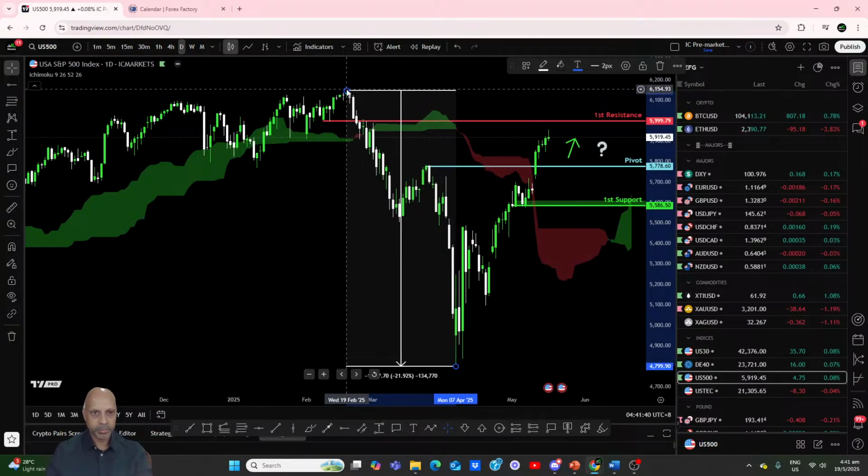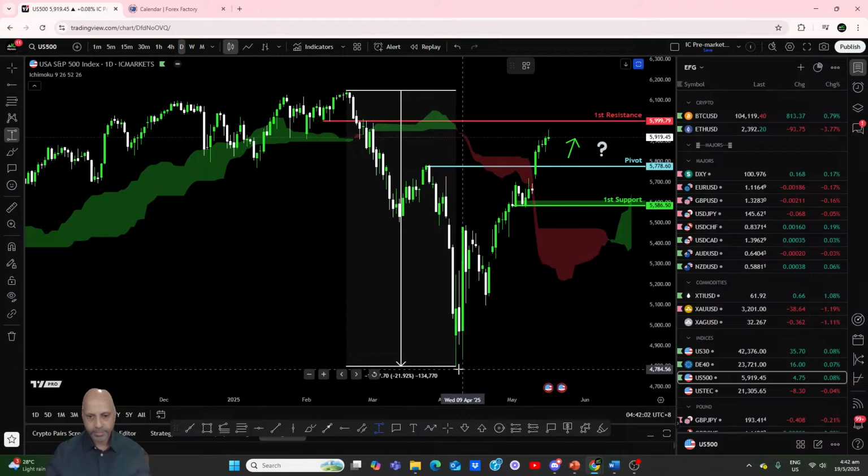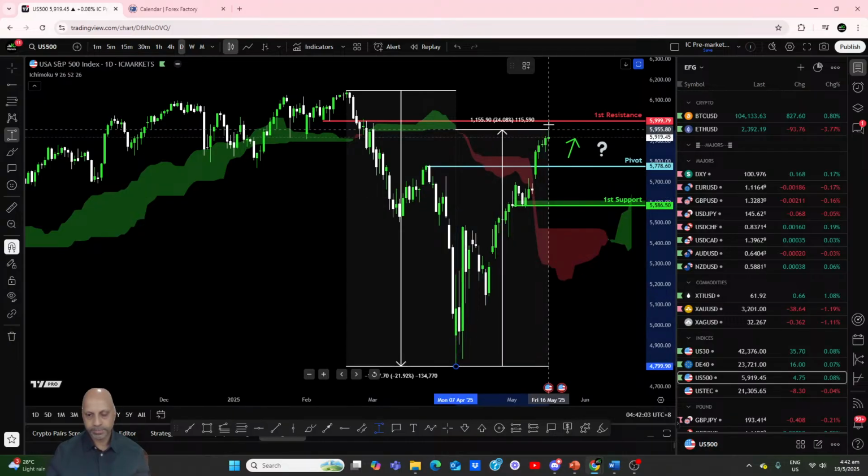Since its intraday all-time high that was formed on 19th of Feb at around 6,147, we've seen this instrument drop as much as almost 22% on Monday, 7th of April, briefly entering bear market territory before stabilizing around 4,963, right? And since then, we've seen this instrument rally as much as 24%, a very strong rebound over the last 3 to 4 weeks here.